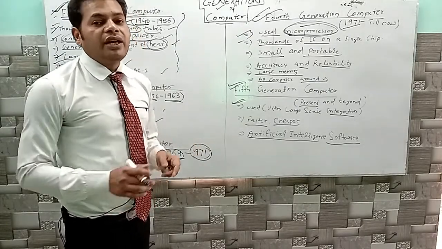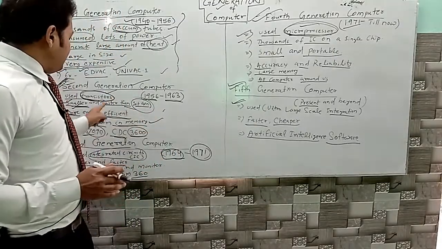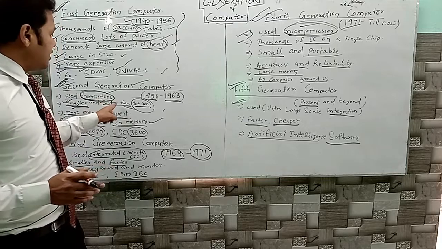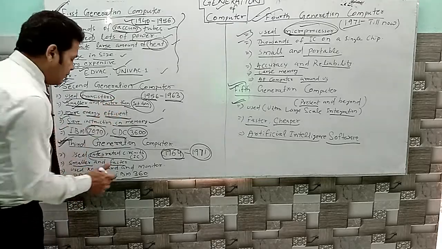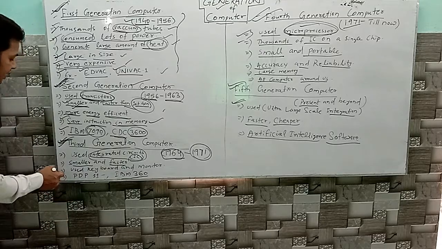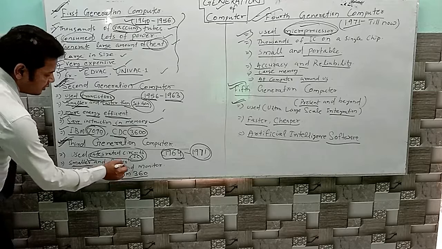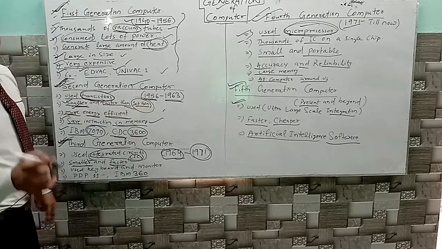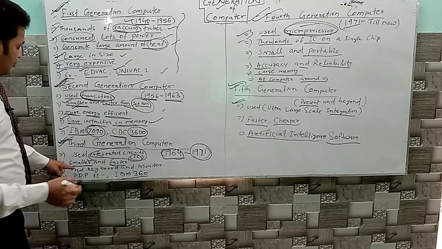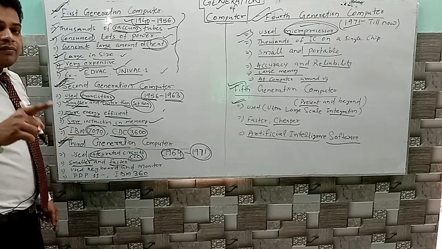You know very well that integrated circuits are made up of many thousands of transistors used to make the IC. Then it was smaller and faster than the second generation of computer.